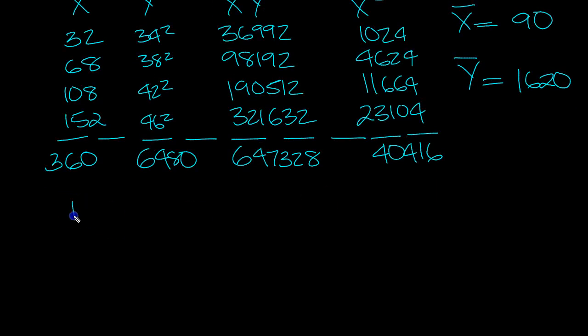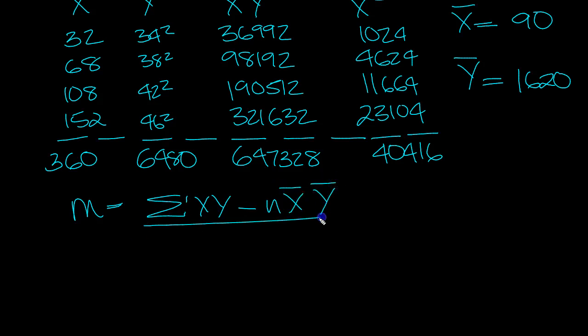So we need the formula for m, which is, I'll just write it out now, summation of xy's minus n x bar y bar on top over the summation of the x squareds minus n x bar squared.